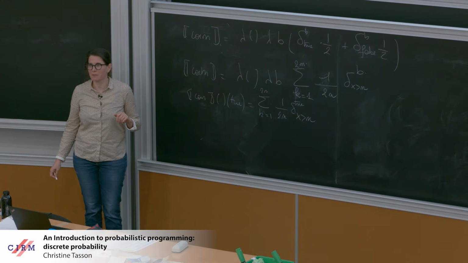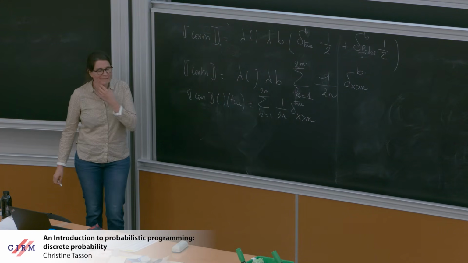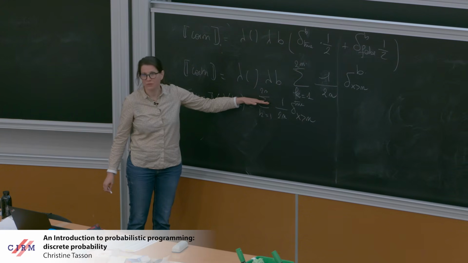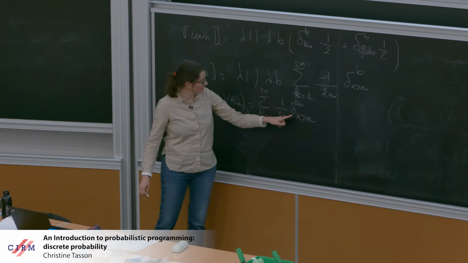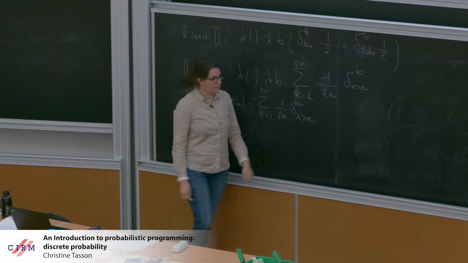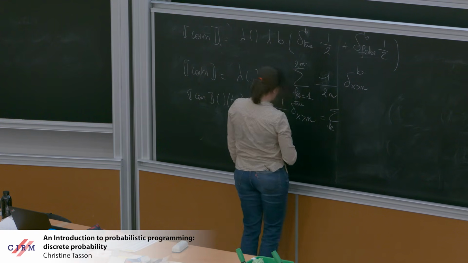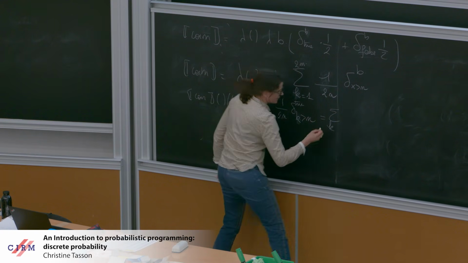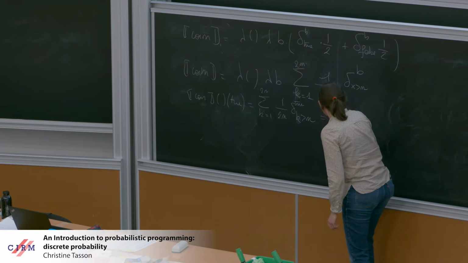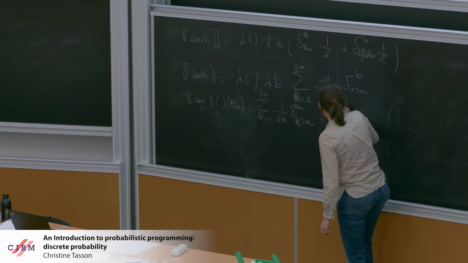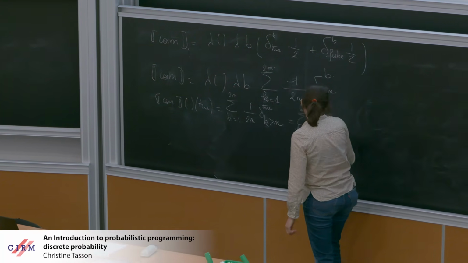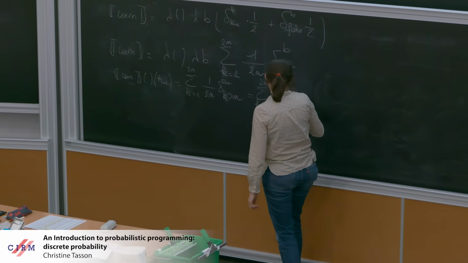You see where I'm going? I only keep half of the sum, where x is bigger than n. So it's the sum, k from n plus 1 to 2n, of 1 over 2n multiplied by 1.